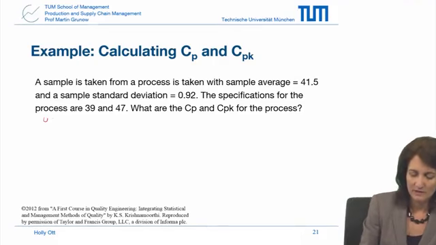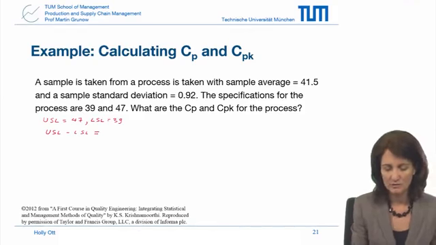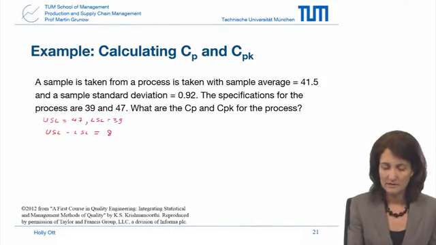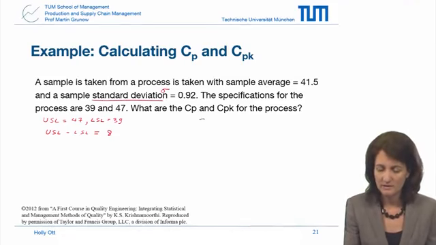Upper spec limit equals 47, lower spec limit equals 39. The upper spec limit minus the lower spec limit is equal to 8. The sample standard deviation is our estimate for sigma, so S is 0.92.